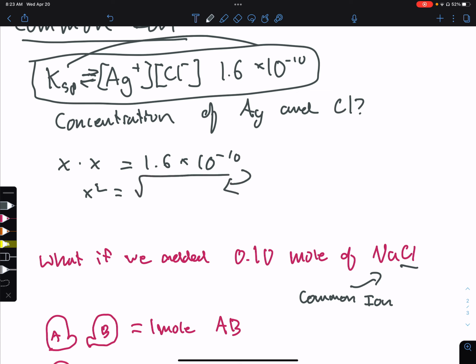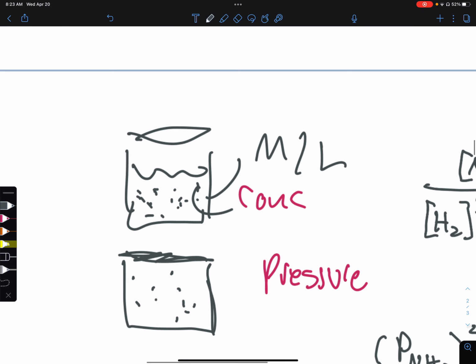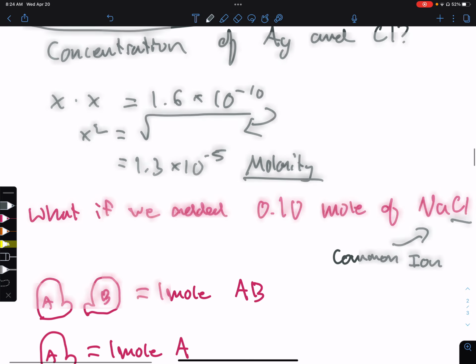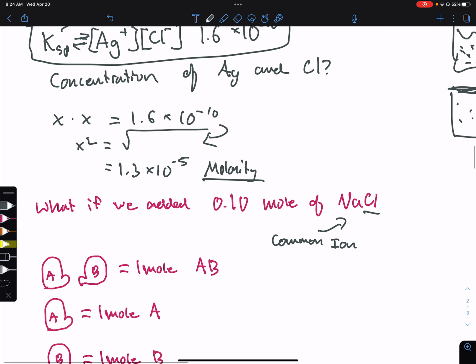I use my calculator. This is just going to be 1.3 times 10 to the negative 5. Actually, it's going to be in molarity because this is concentration. Concentration, again, is moles per liter.